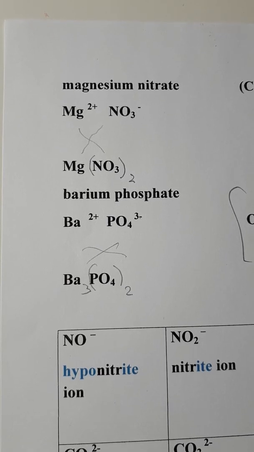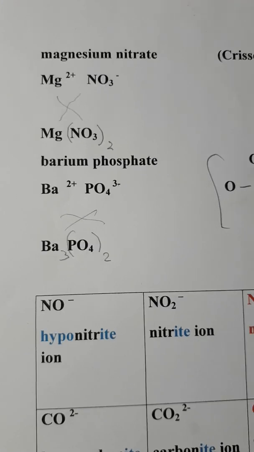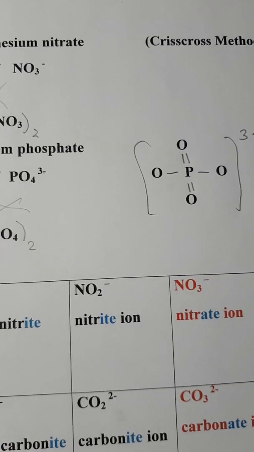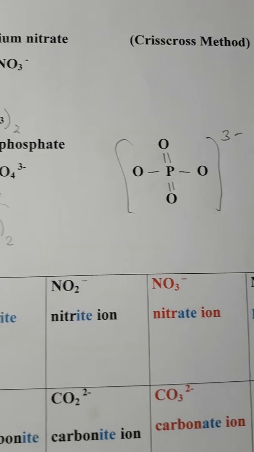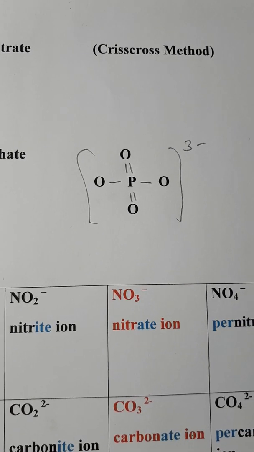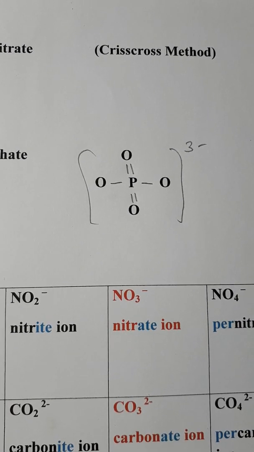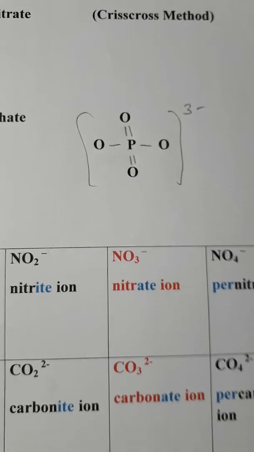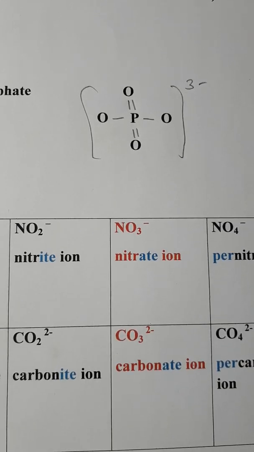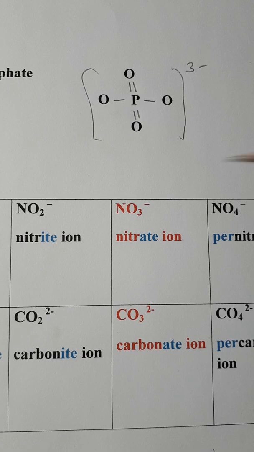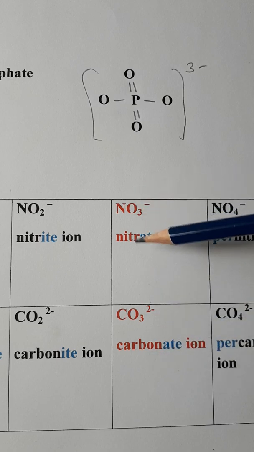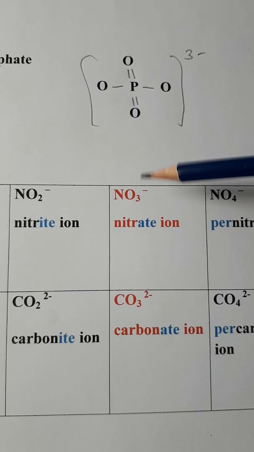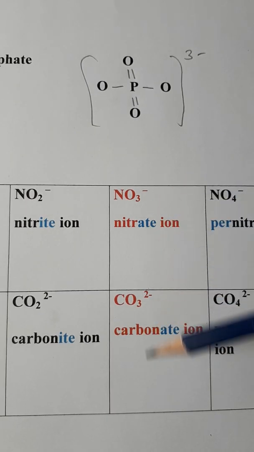And now I am going to show you a very interesting chart to understand, or to remember, the names of various polyatomic ions derived from our basic ions. You can see in this column the basic ions that I showed you in the last paper: nitrate ion, carbonate ion.